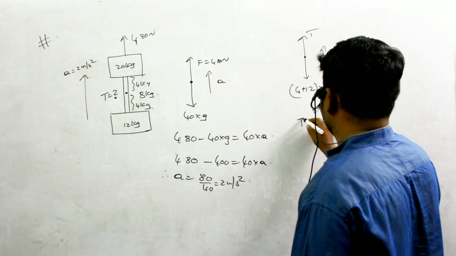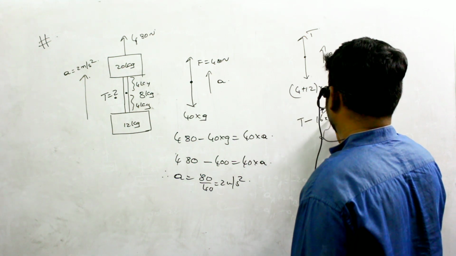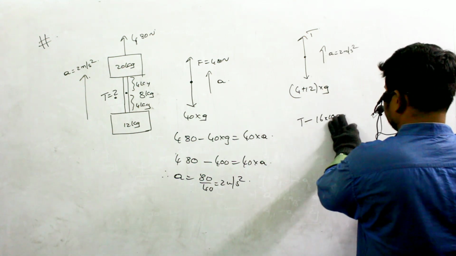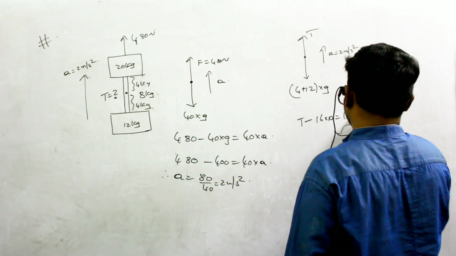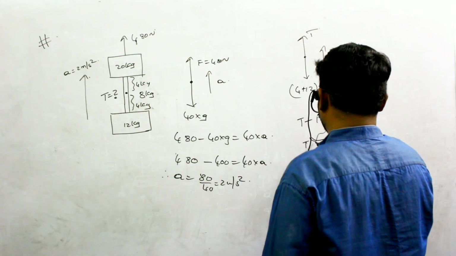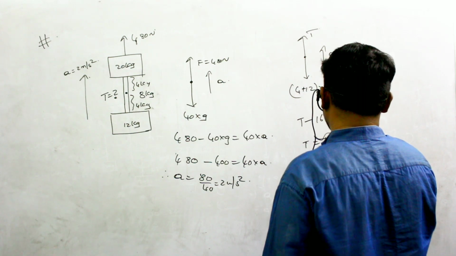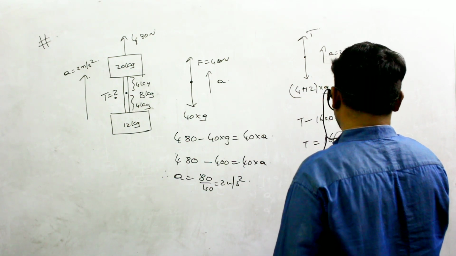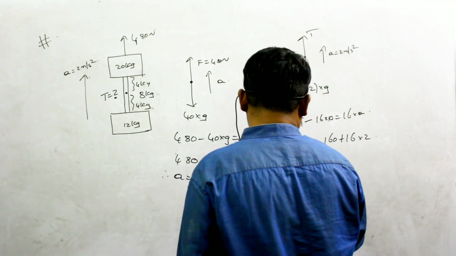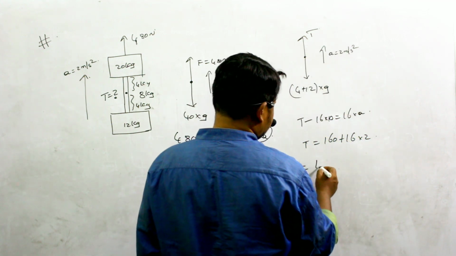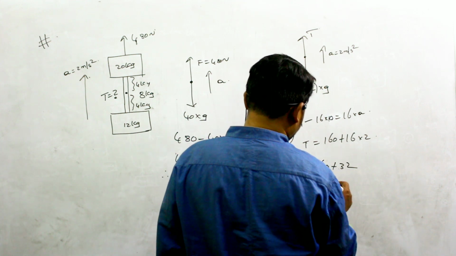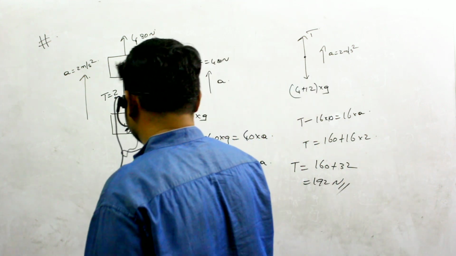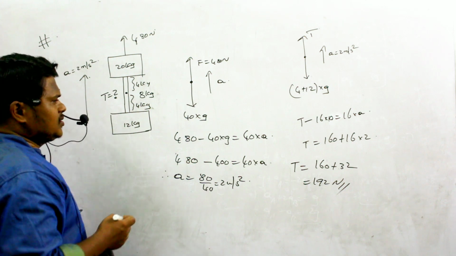So therefore T minus 16 into 10 is equal to 16 into A. So T is equal to 160 plus 16 into the A value, which is 2. Therefore T is equal to 160 plus 32 is equal to 192 Newton. So this is the tension exactly at the center of this rod.